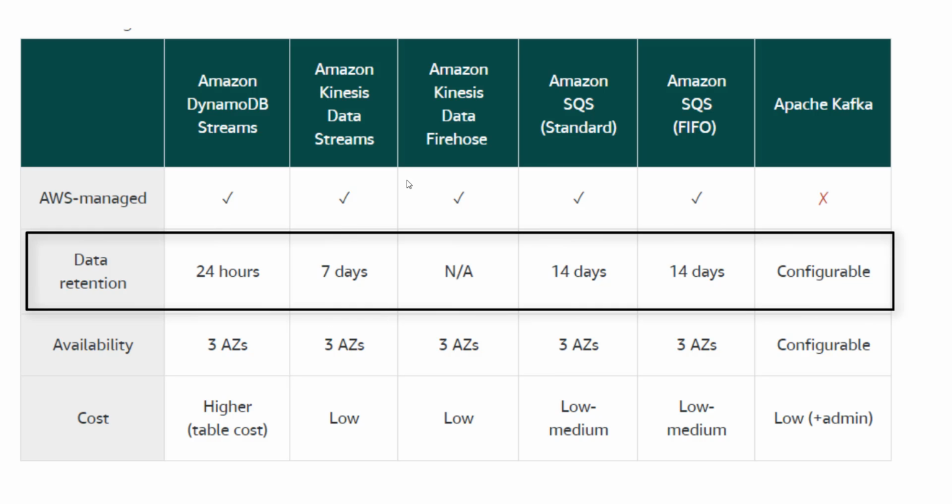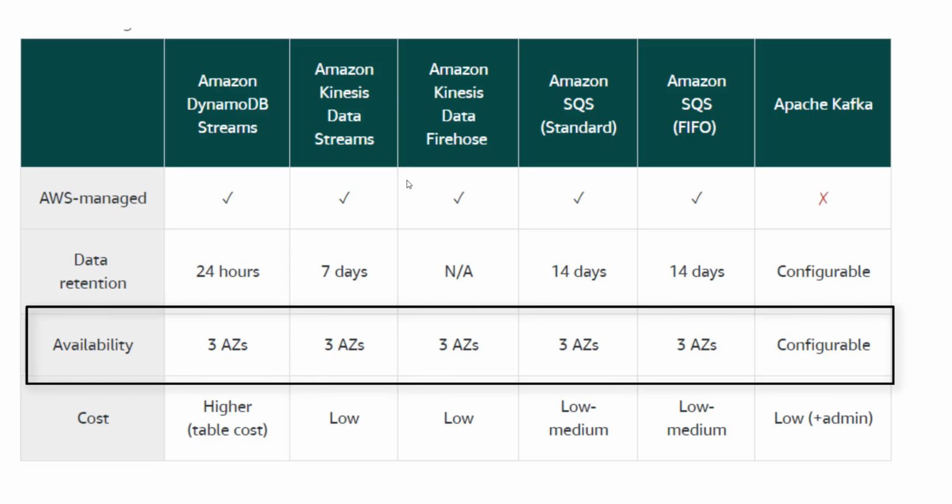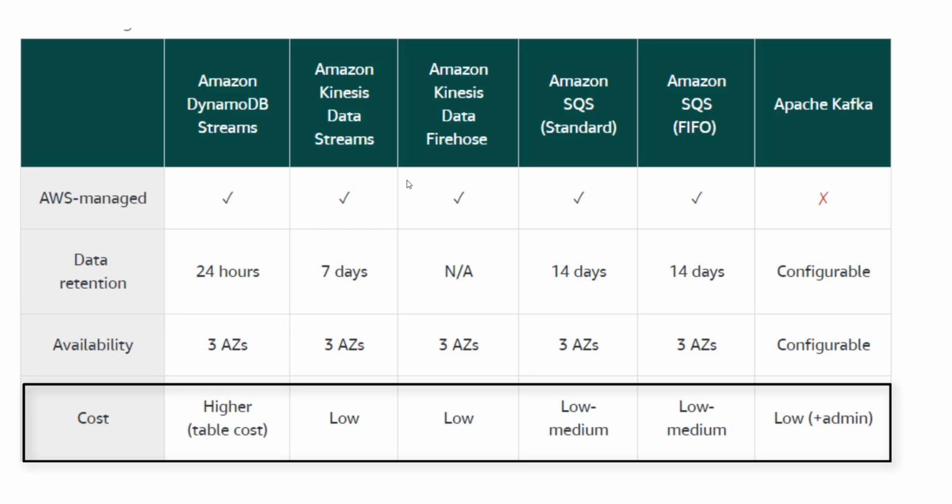Then data retention, you may get a question like data should be consumed within 1 day or within 24 hours. Then there is availability. So these all services are highly available. Then the last one is cost. We can see that DynamoDB streams and Apache Kafka will cost us more as compared to data streams.